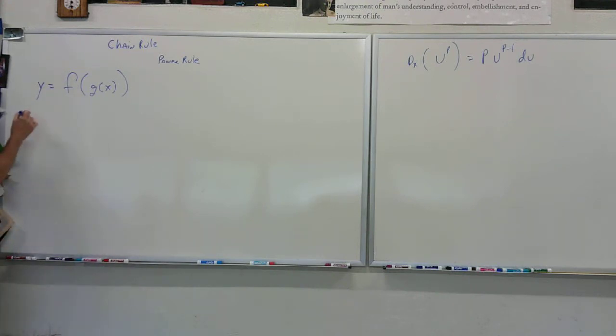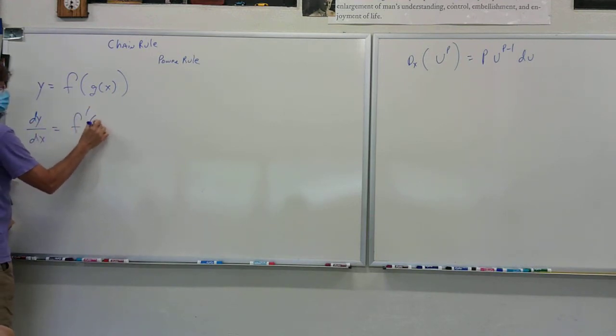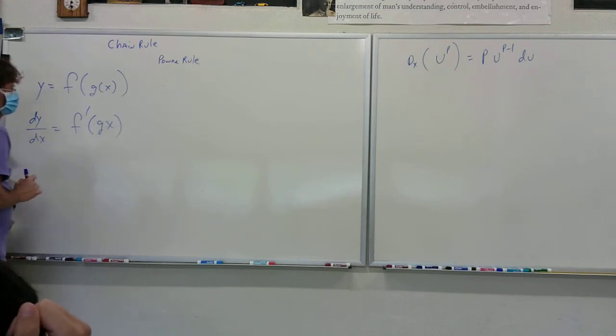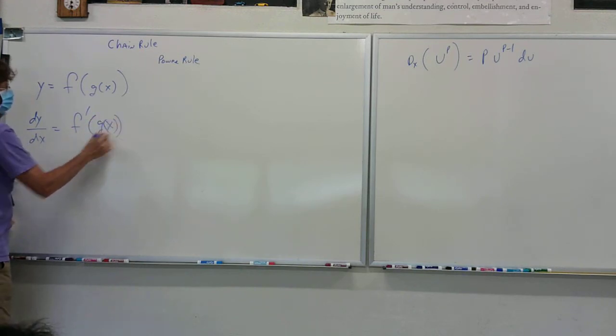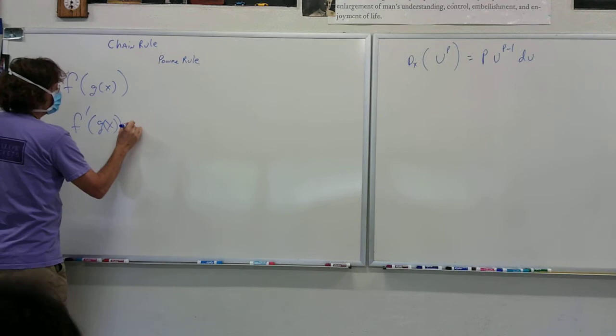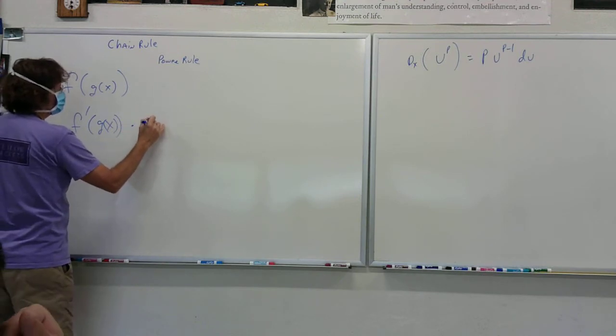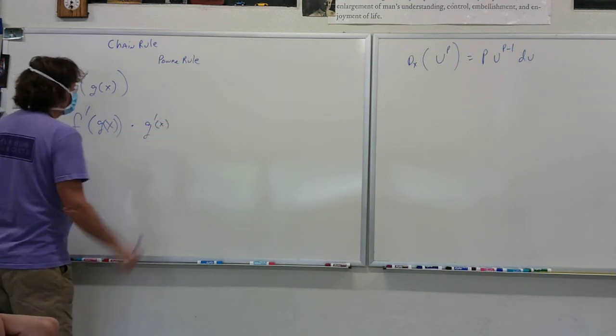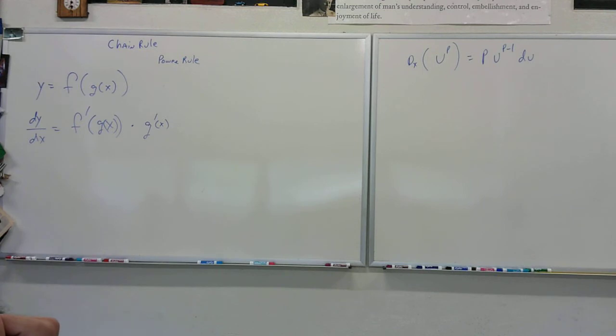Chain rule says that dy over dx will be the derivative of the outer function times the derivative of the inner function. All right? And that's the formal definition of the chain rule.